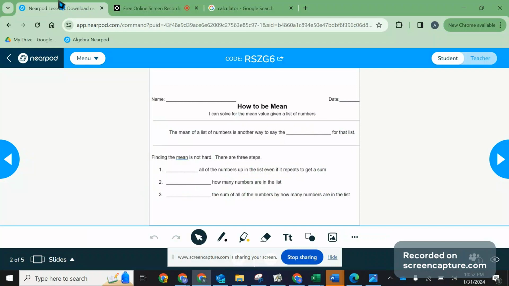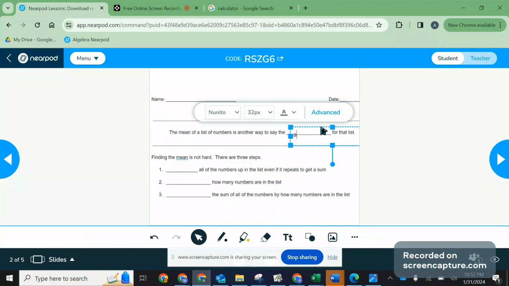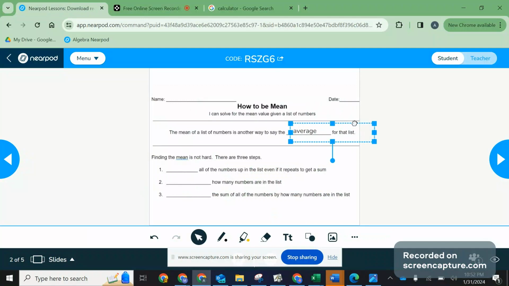The mean is just a fancy way of saying average. That list could be 3 numbers long, 10 numbers long, 4 numbers long. It doesn't matter. You're going to get some numbers and you're going to find the average, which is very straightforward.